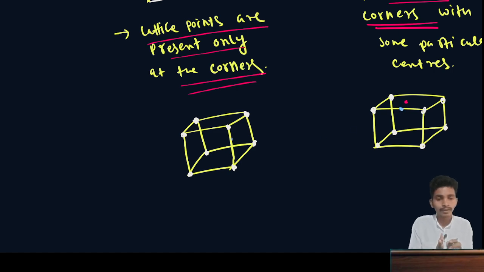That depends on what type of crystalline solid we have. So for now, for primitive unit cells, the lattice points are present only at the corners, and for non-primitive unit cells, with corners, some other points also have lattice points.